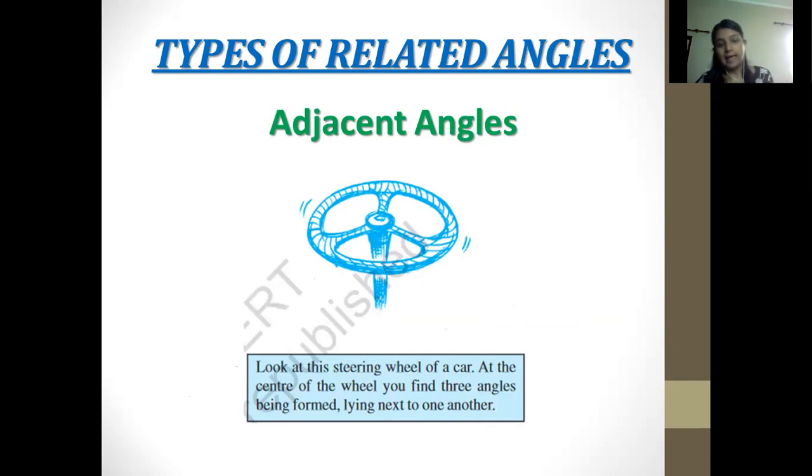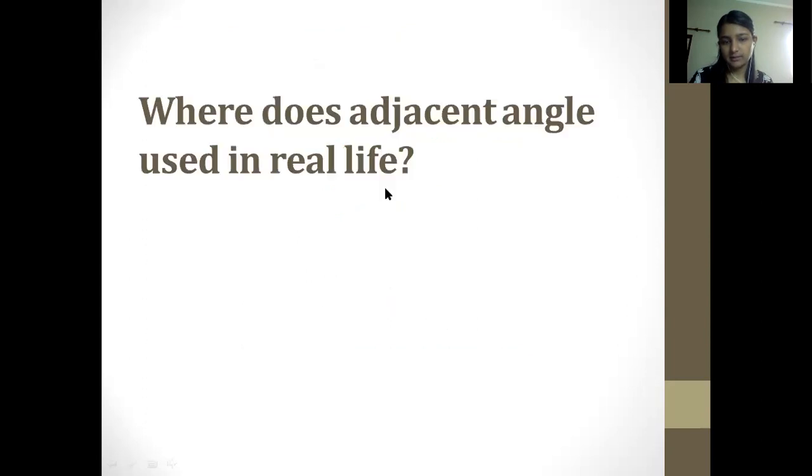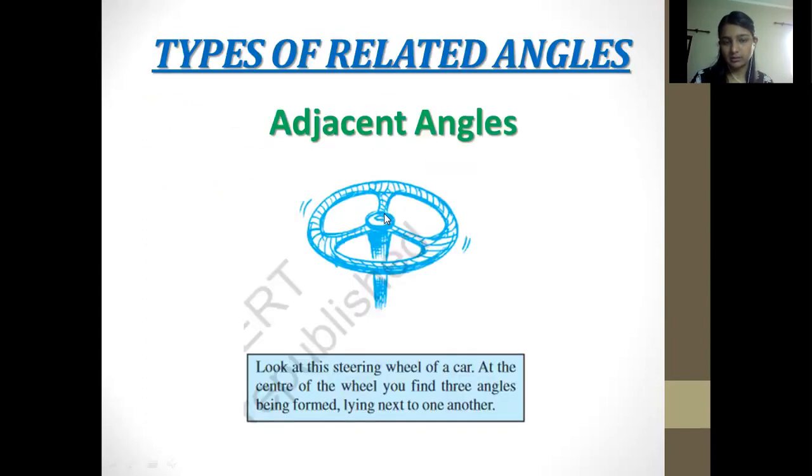At the center of the wheel, you find three angles being formed, lying next to one another. Isn't it? Like you can notice this wheel which is making an angle, that is this angle, then this angle, this angle, and this angle.